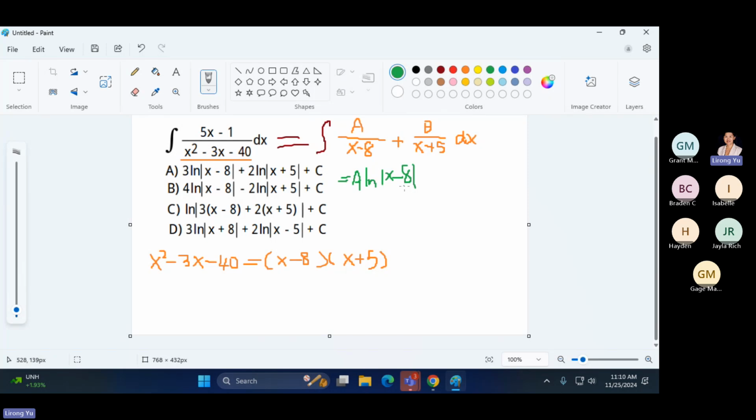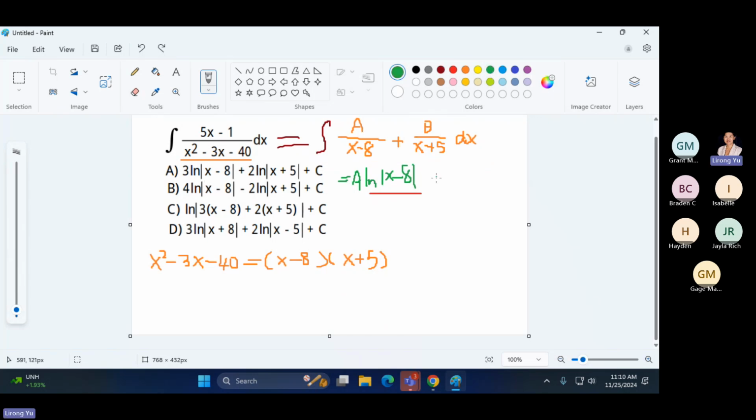Therefore, by substitution, for 1 over x minus 8, we also have the formula. The natural log function is an integration formula. So we have an integration formula for this kind of format. We don't have it for this. That's why decomposition will be helpful for solving this question.